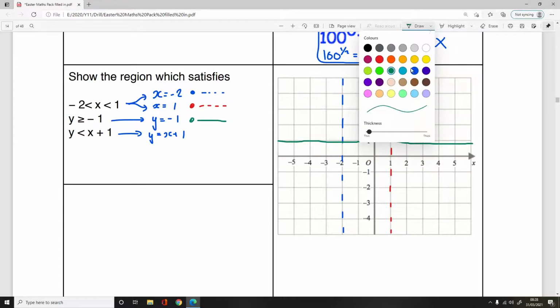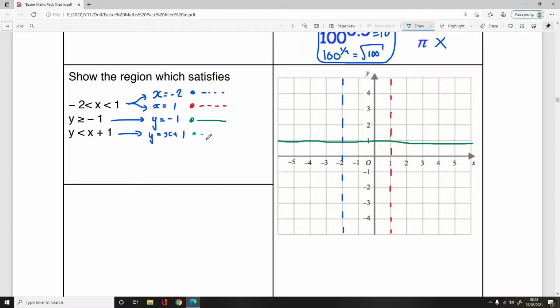And then our last one, we have to draw the line y equals x plus 1, and we want this to be dotted. Now again, if you weren't sure how to draw the line y equals x plus 1, you could give yourself a little table to fill in. So we could come up with some x values, why not 0, 1, 2, add 1 to them, because that's what the rule says, 1, 2, 3, and there's some coordinates you could use.